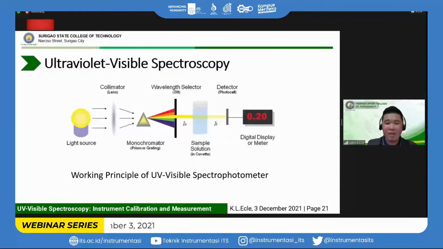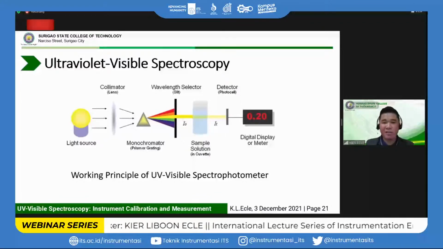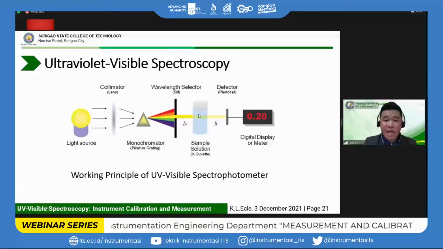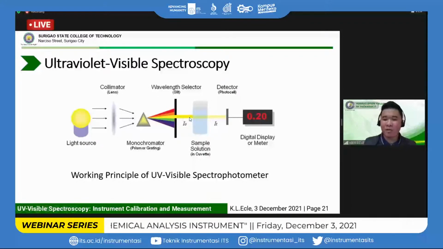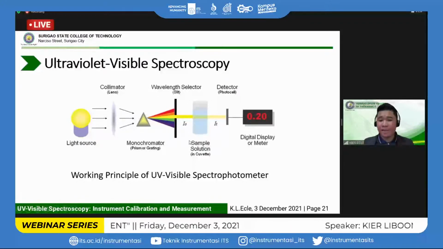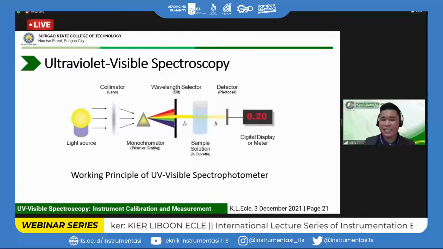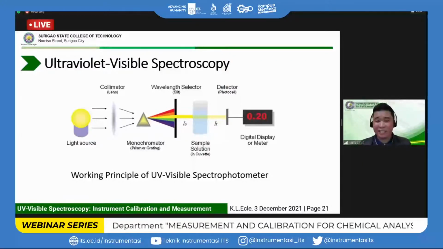The wavelength selector, here in the exit slit, will then select what kind of wavelength could pass through the sample. As the wavelength reaches the sample solution in the sample compartment, we have two types of radiation. The first is the incident radiant power, P sub 0, or I sub 0, that is just the same.